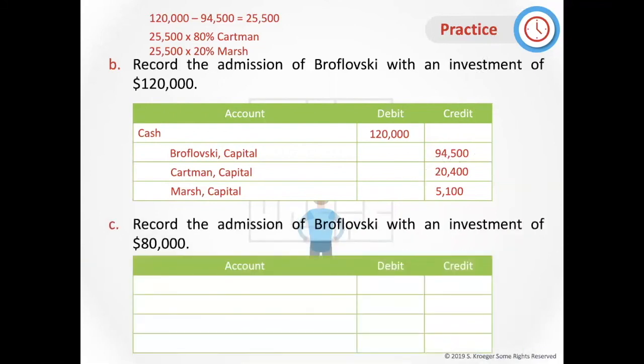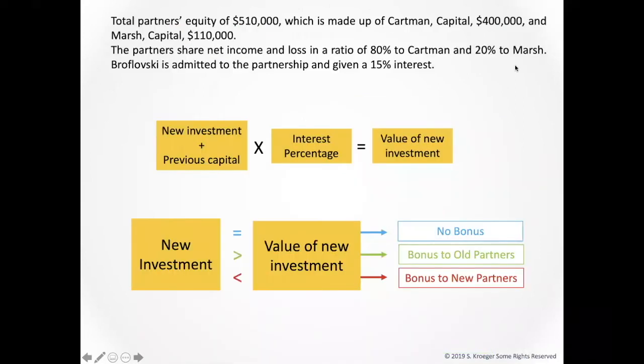Same information, except for in this case, Broflovski is giving an investment of $80,000. In this situation, the new investment is $80,000. Add that to the previous capital of $510,000, and the total is $590,000. Multiply this by 15%, and we get $88,500.